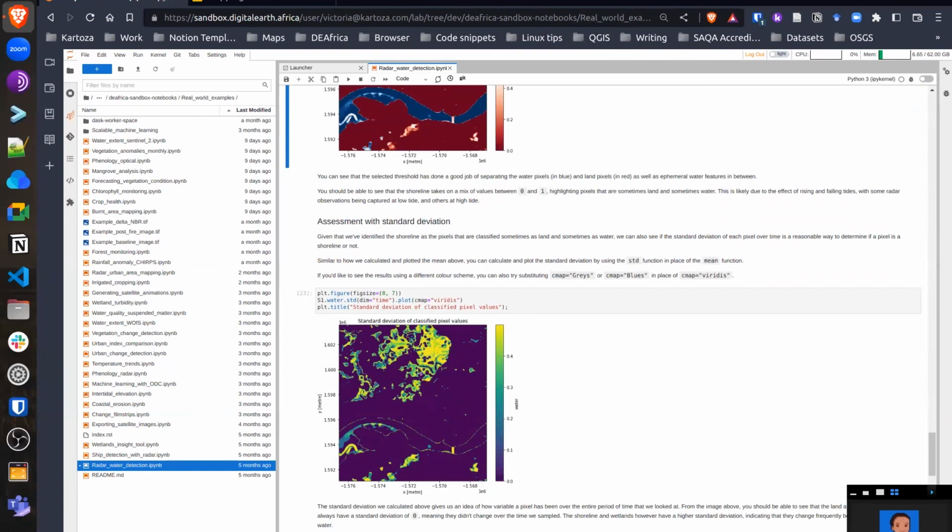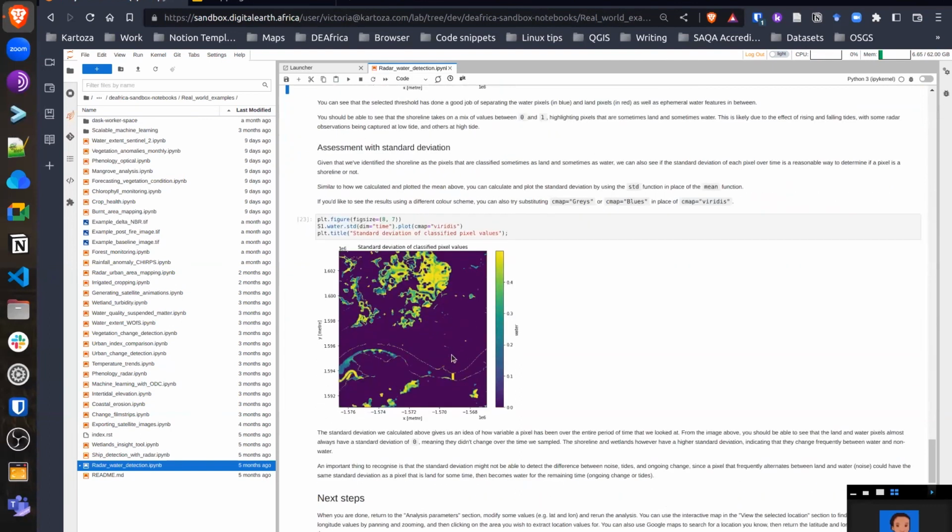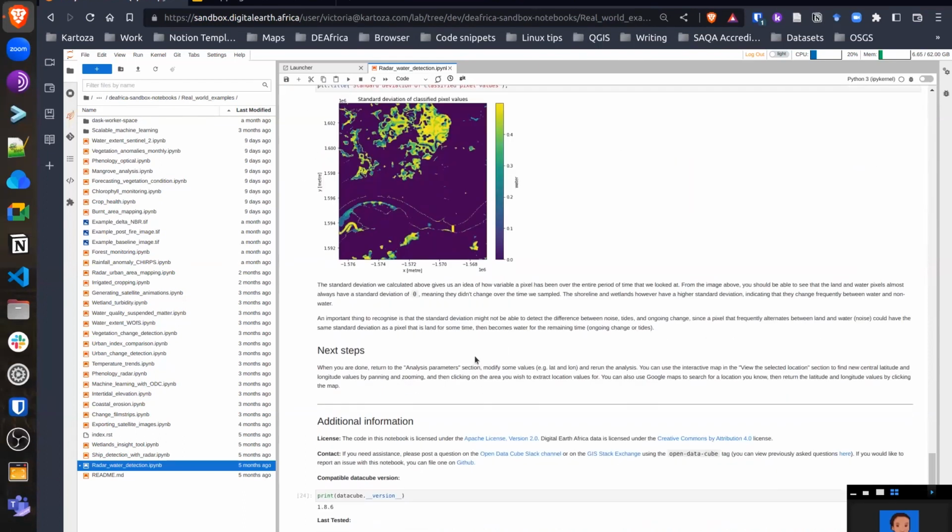The dark yellow are pixels that frequently changed between water and non-water throughout the year of 2020. And pixels always classified as land or water always remain dark blue, so they have a standard deviation value of 0.